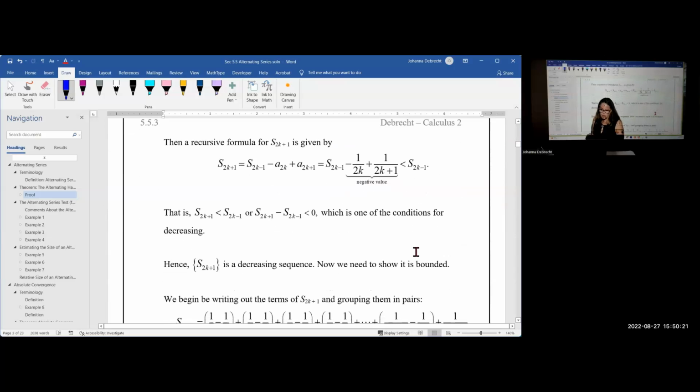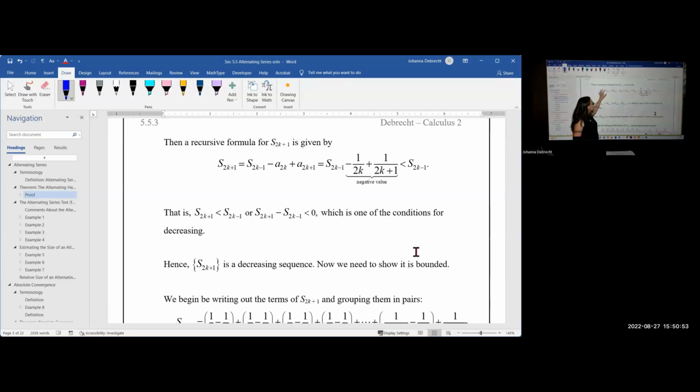Then we come up with a recursive definition for S sub 2k plus 1. Now remember that you get from one partial sum to the next by adding on the next term. So if I start with S sub 2k minus 1, and I then include the next term, which is negative a sub 2k, and the term after that, positive a sub 2k plus 1, that should give me S sub 2k plus 1.